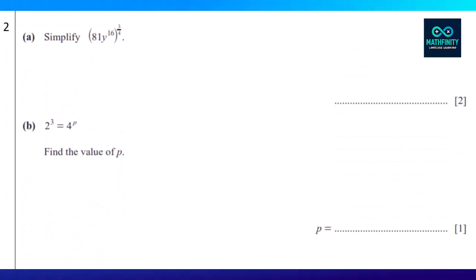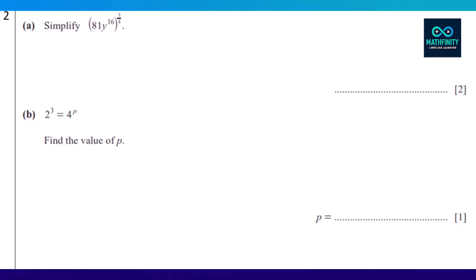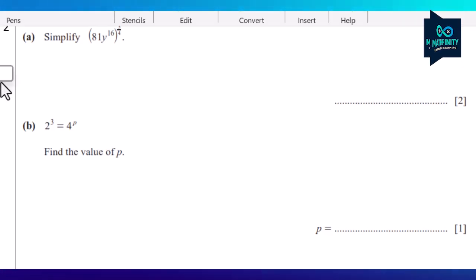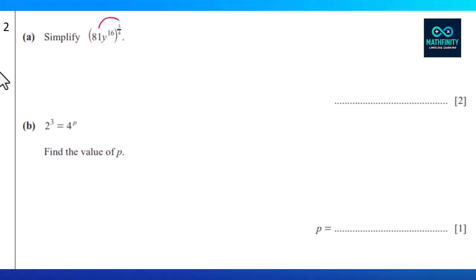Question number 2, we can see here. First step, we have to open the power and also distribute on y. But before solving this, because this topic will be in paper 2 without calculator, concentrate on the 81 inside it and what the denominator of the power is here, 4.